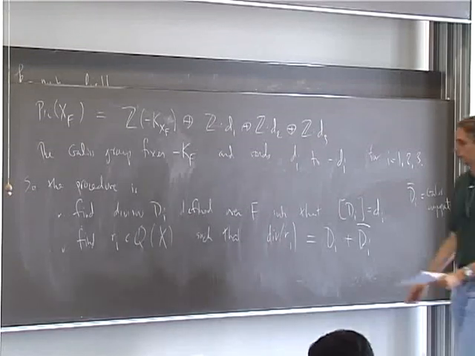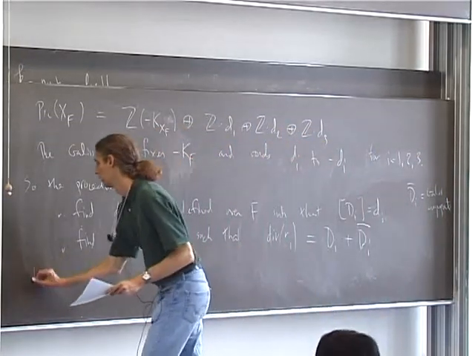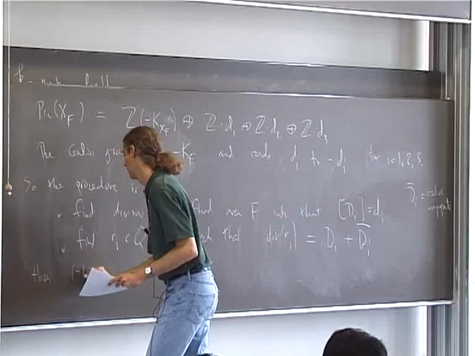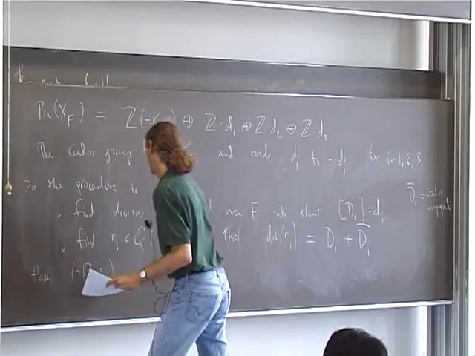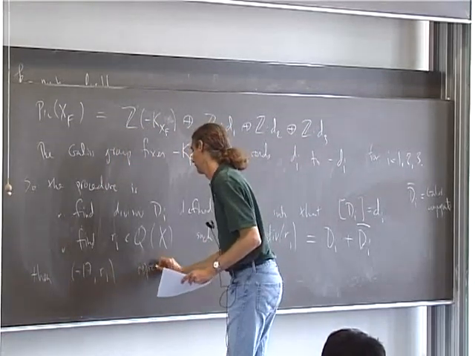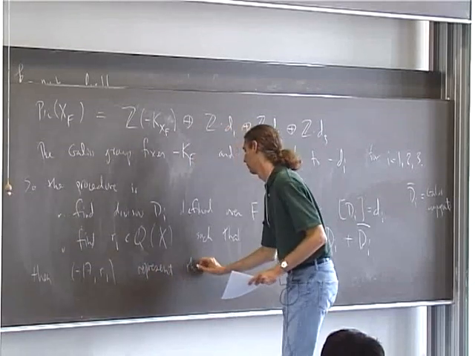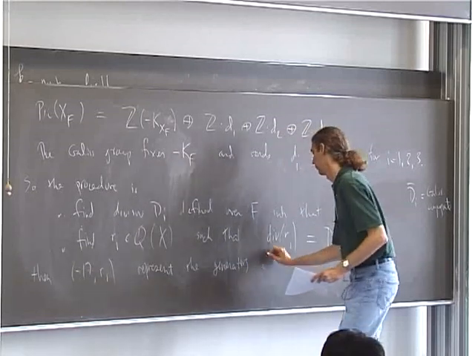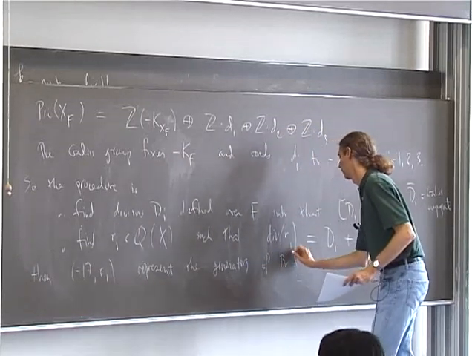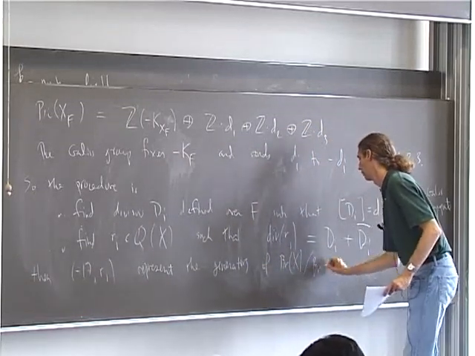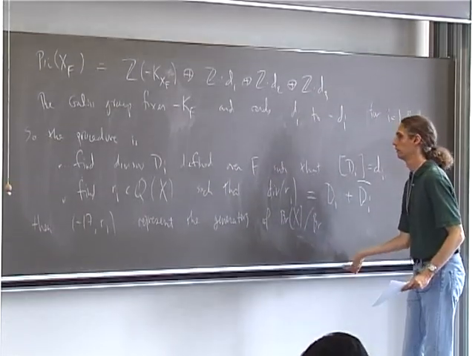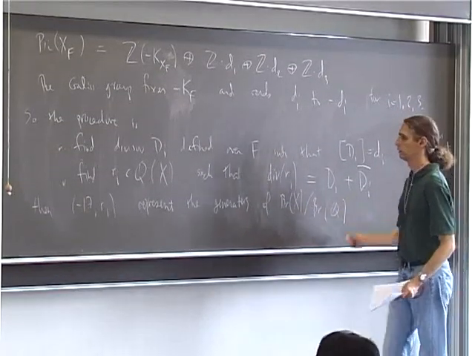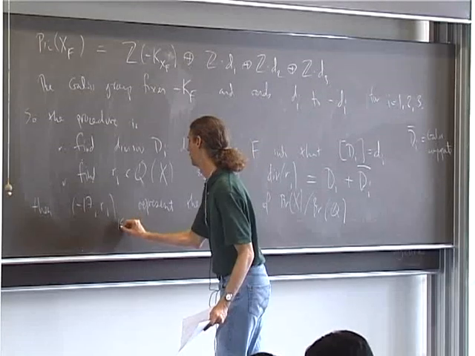And so then minus 17 Ri represent, so i equals 1.